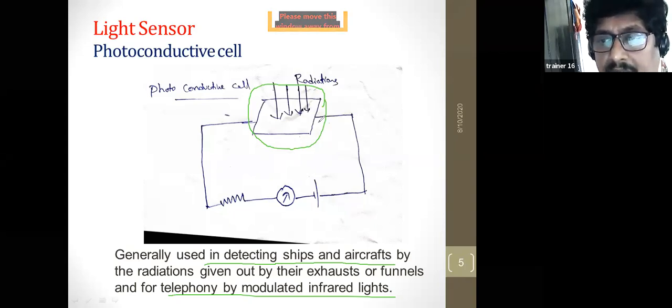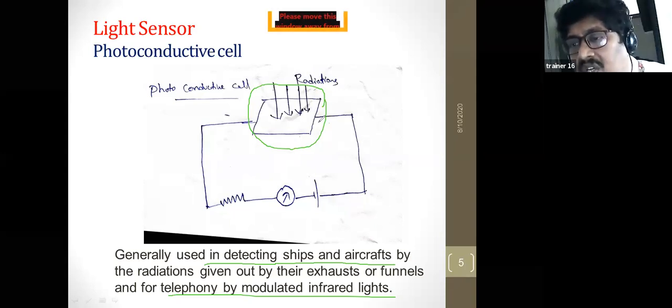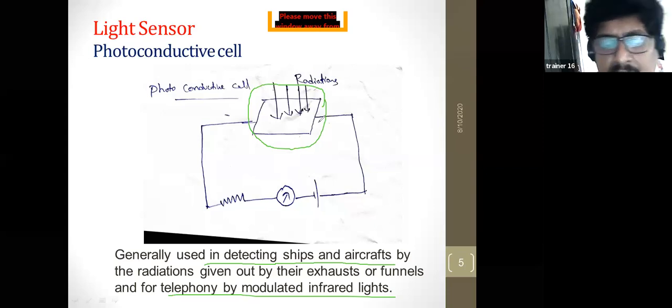When the radiations fall on this particular material, the resistance changes. The resistance is decreased when irradiated. That means as the intensity of the radiation changes, the resistance of that particular material automatically changes. The materials are selenium, lead sulfide, thallium sulfide, aluminum sulfide.